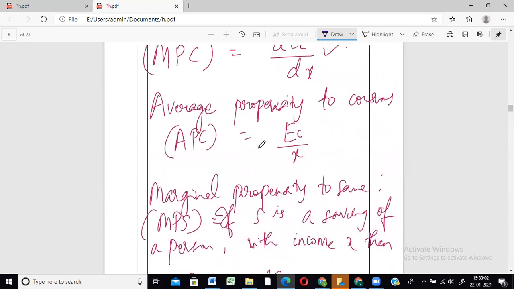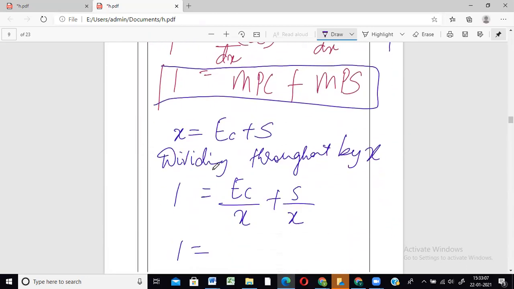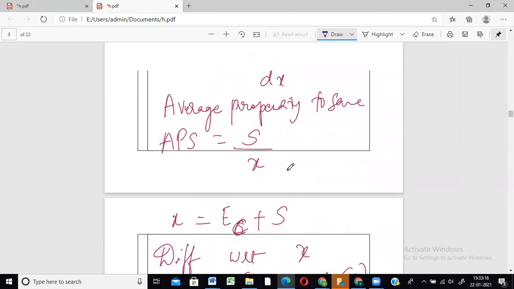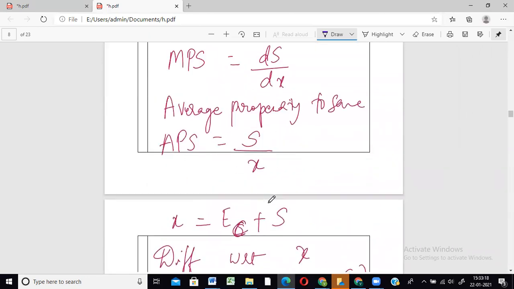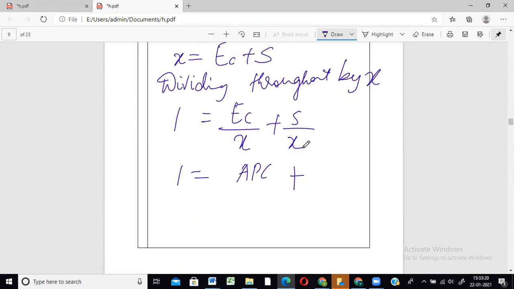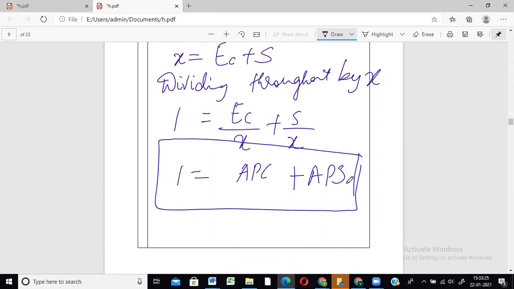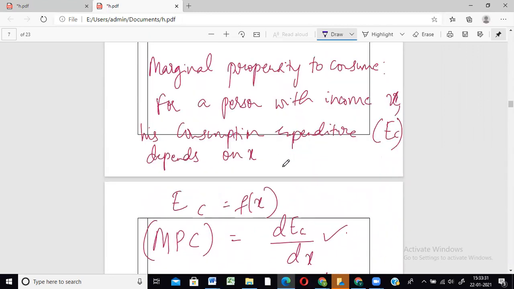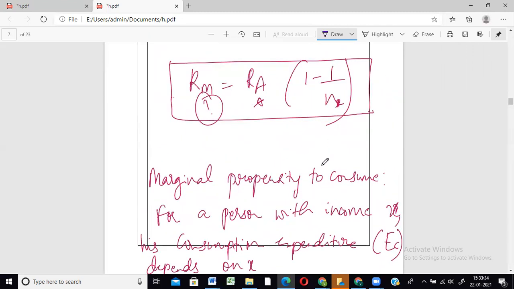This is nothing but APC, average propensity to consume, right? And S by x is nothing but average propensity to save. So these things also we have done. So there are two new formulas that we have learned now, this one and this one, and also the other formulas, marginal propensity, average propensity to save or consume, whatever it is.